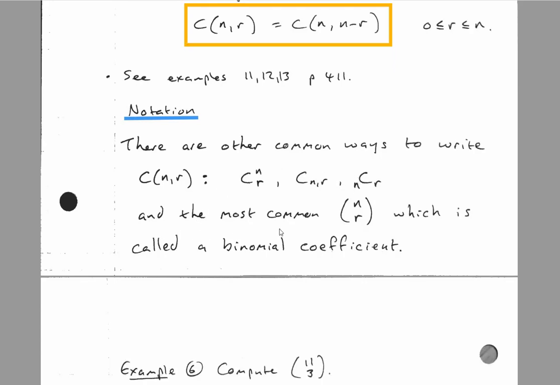But there is a very common notation that doesn't have a C. It just has parentheses with the n over the r. And this is usually called a binomial coefficient. So these choosing numbers are called binomial coefficients. We'll see why in the next section. But for now we're just getting used to this alternative notation.